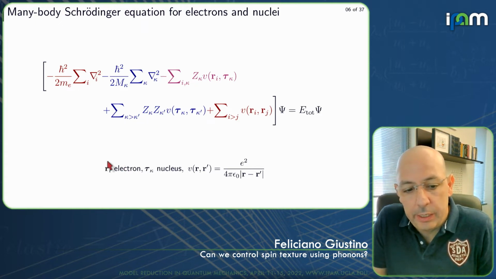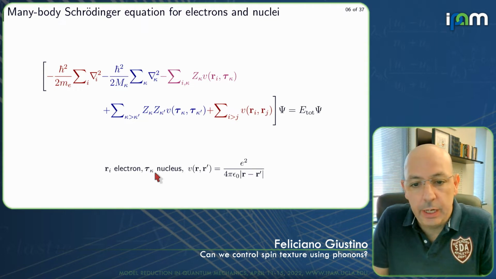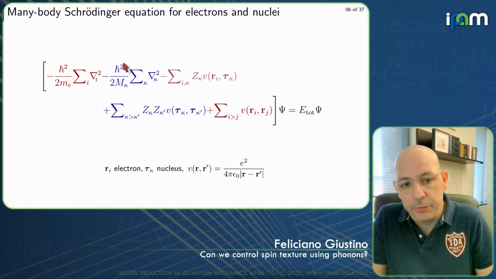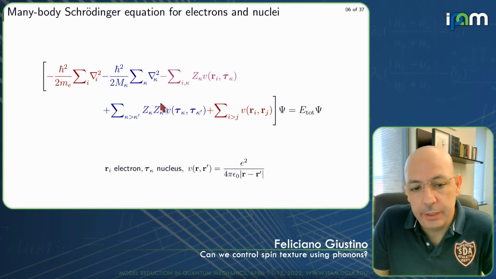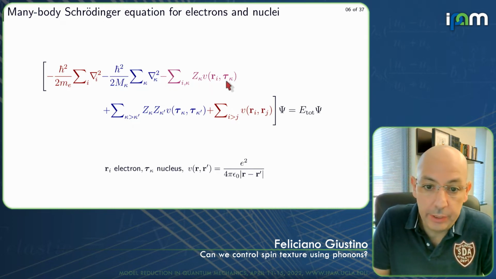R would refer to the electron coordinates, and tau would refer to atomic coordinates. As you might expect, there is a kinetic energy for the electrons right here. Then the inter-electron Coulomb repulsion, where V is the Coulomb potential. Then we have a kinetic energy for all the nuclei in blue, and then the inter-nucleus Coulomb repulsion. And the term in magenta is the Coulomb interaction between electrons and the nuclei.